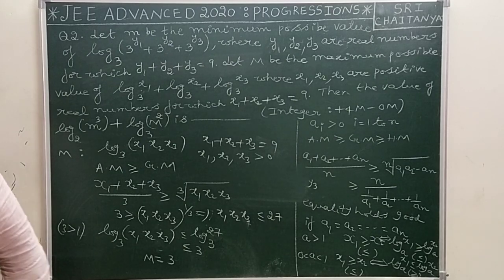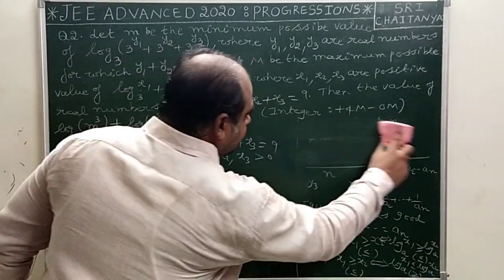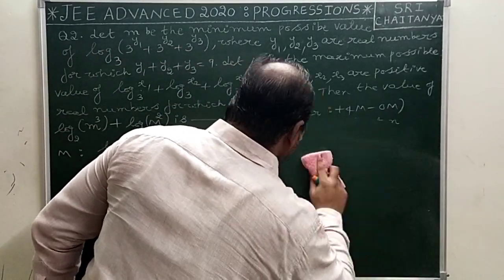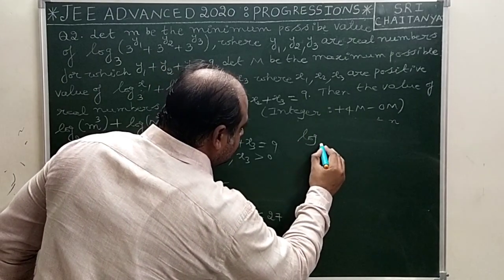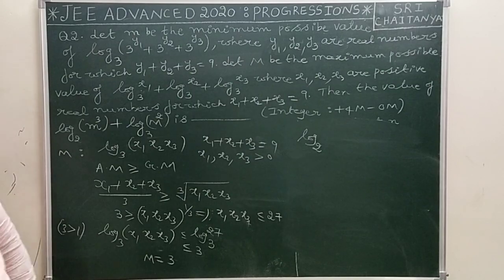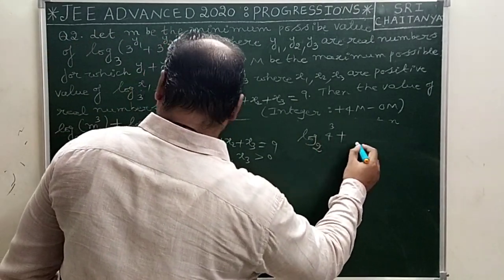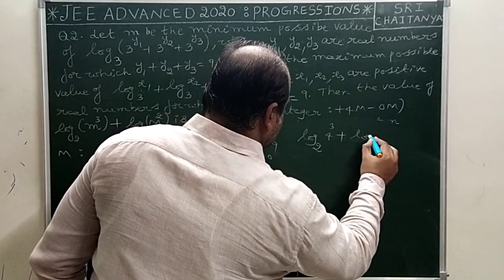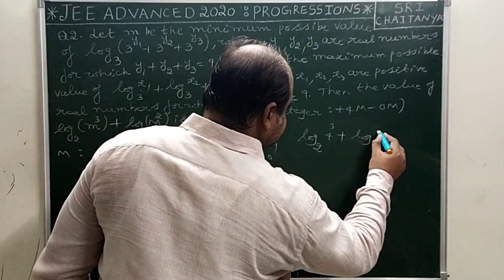Now previously you got small m and now you got capital M. Now let us do what he is asking in the problem. He is asking log 2 to the power of small m, which you got as 4, that means 4 cube, plus log 3 to the base 3 square.